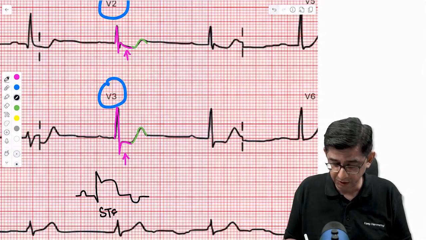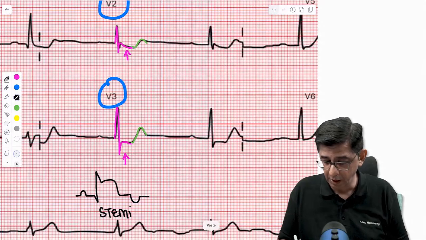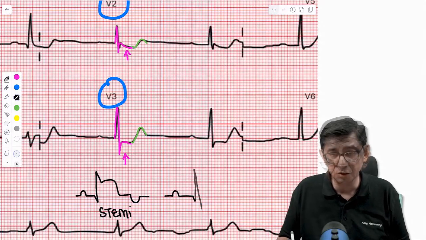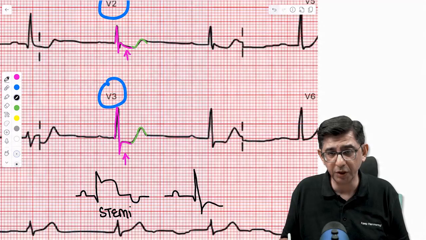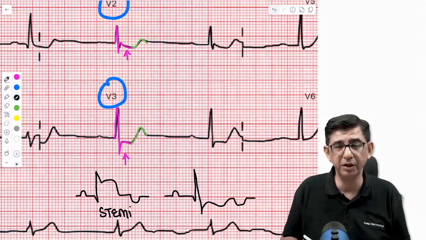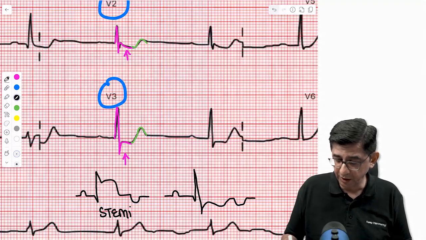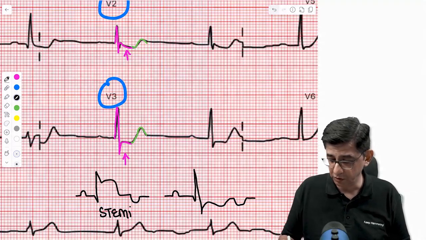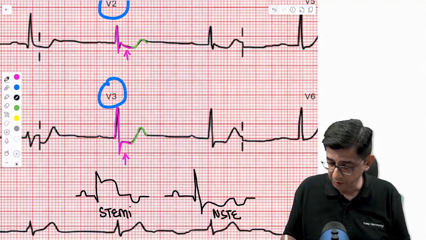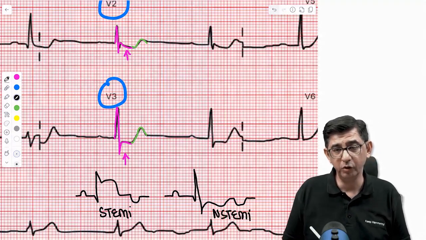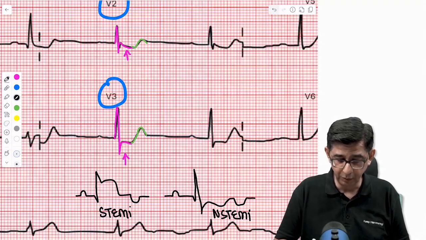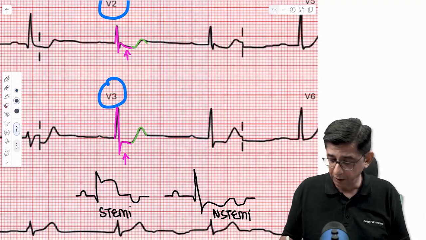This is ST elevation MI, T wave inversion shown. Compare this again. This is ST depression that I am showing at the moment, followed by a T wave inversion happening in a patient. So you can see that this is also convex. This is also convex. This is non-ST elevation myocardial infarction, and I have also highlighted in this condition the presence of T wave inversion.